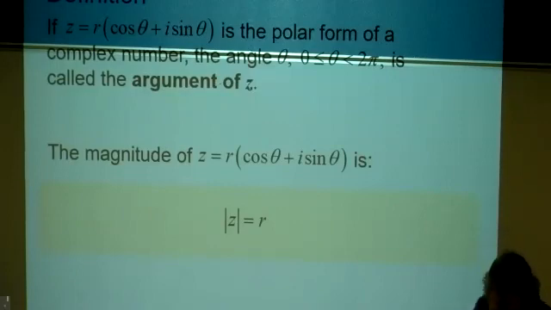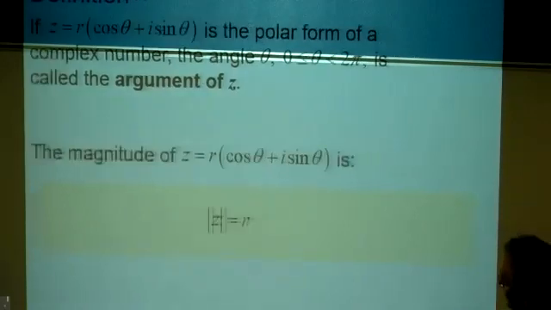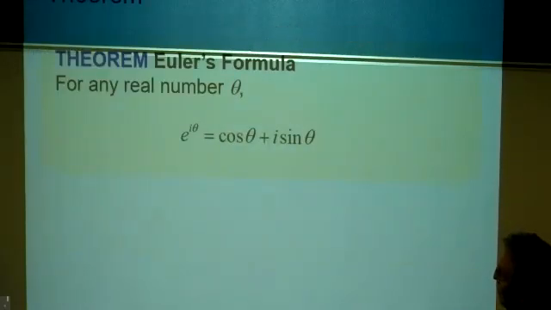So, okay. For any real number theta, e to the i theta equals cosine theta plus i sine theta. This is Euler's rule, Euler's formula.